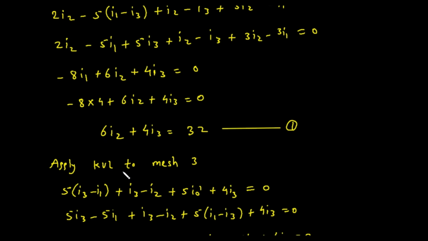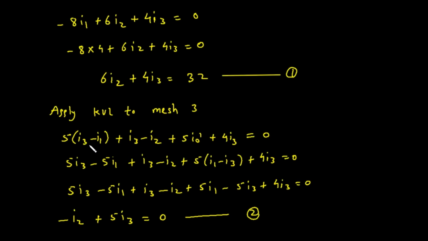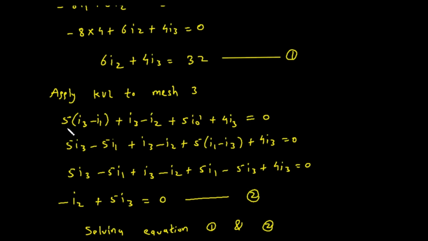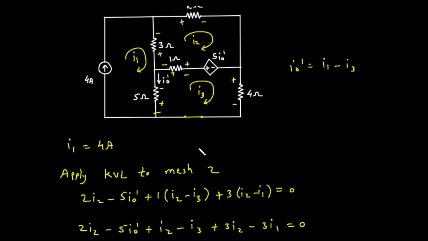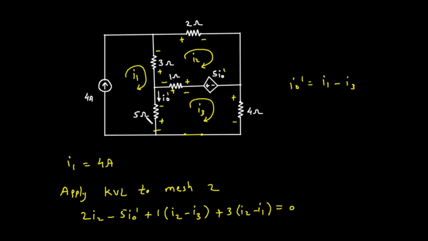Next, let's apply KVL to mesh 3, starting from the top of the mesh and moving clockwise. The voltage across the 5 ohm resistor is 5 times I sub 3 minus I sub 1. The voltage across the 1 ohm resistor is 1 times I sub 3 minus I sub 2. The voltage across the dependent source is plus 5 times I sub O prime.